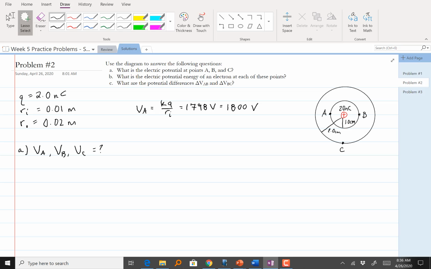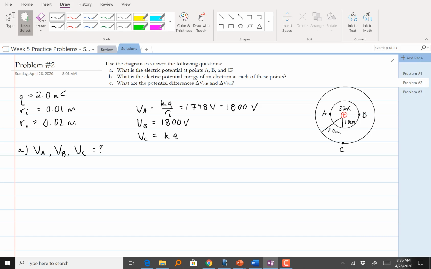Now, one of the things that I can note is that points A and B are on the same equipotential line, so what I know right away without having to calculate it is that the voltage at B will also be 1,800 volts. And then last, we can find this for point C, where the only thing that's going to be changing is what's in my denominator.